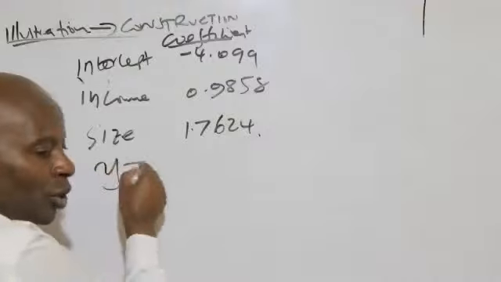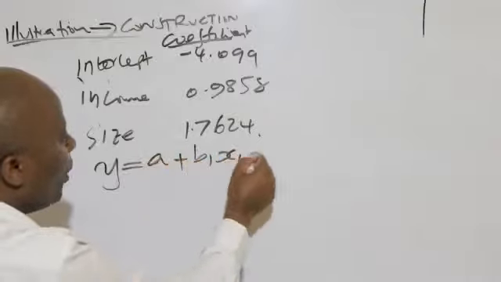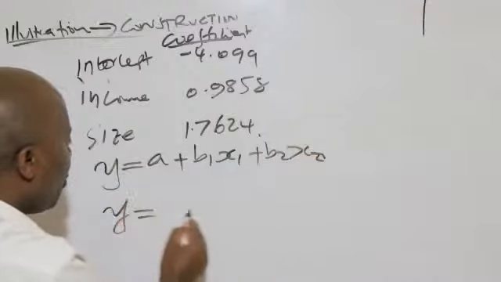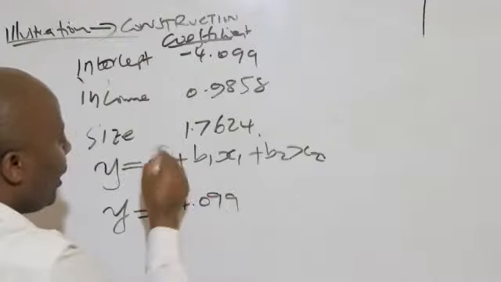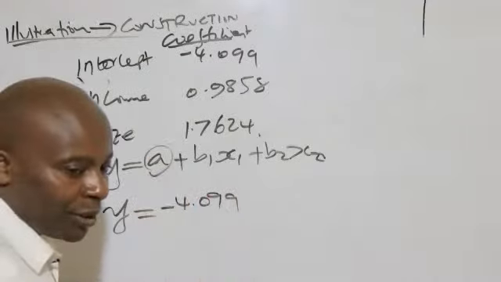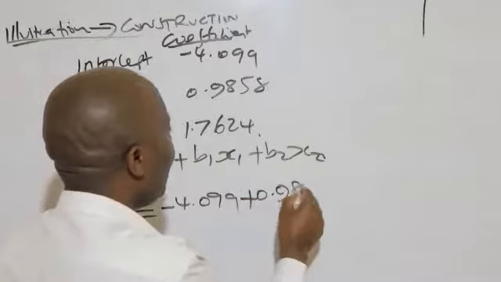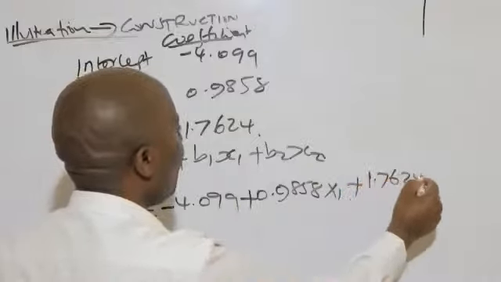So our regression equation looks like this: y will be equal to a plus b1x1 plus b2x2. So my regression equation here will be equal to a, that is negative 4.099. Remember, a is the intercept or the constant. Plus 0.9858 x1 plus 1.7624 x2.